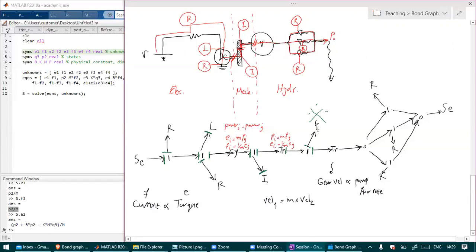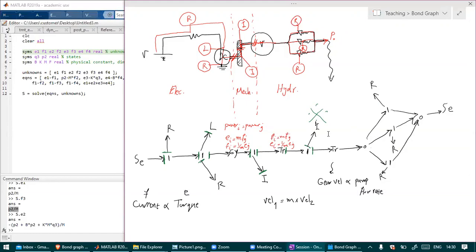Because the inertia should define the flow. That's actually where you see that the causality is not satisfied.